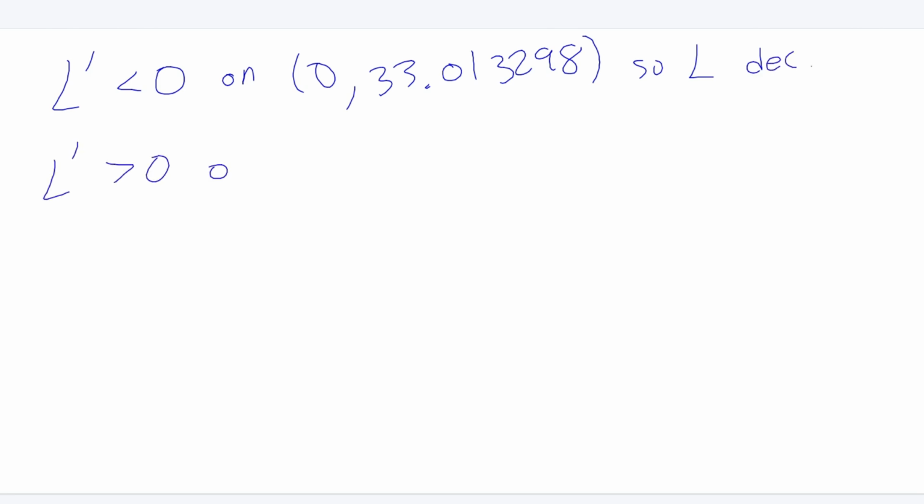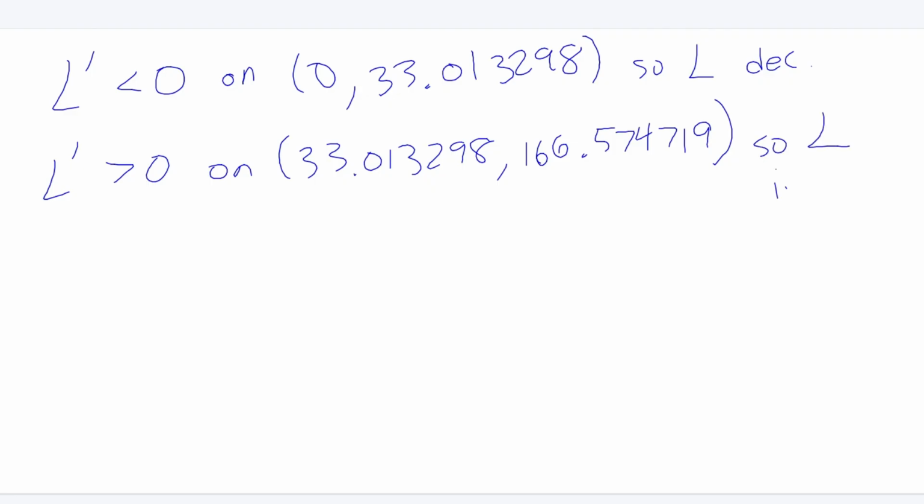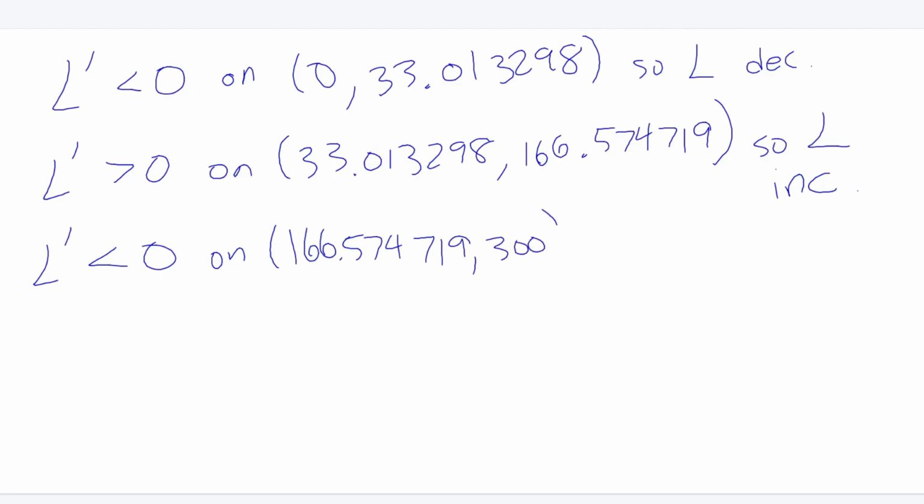L prime greater than 0 on 33.013298 to 166.574719. So L is increasing, and you should write out decreasing and increasing all the way. And then we know that L prime is less than 0 again on 166.574719 to 300. So L is decreasing again.